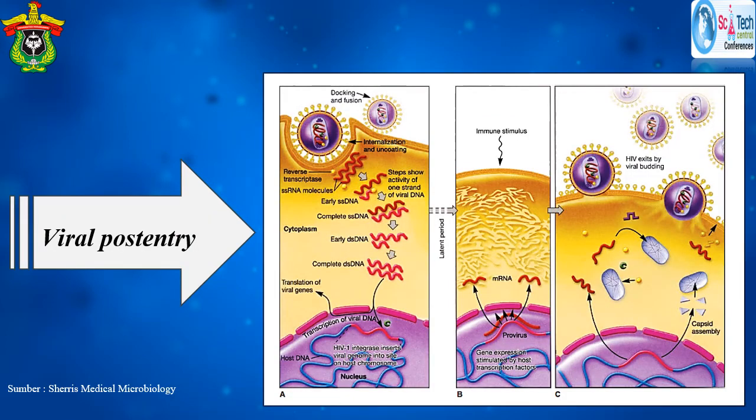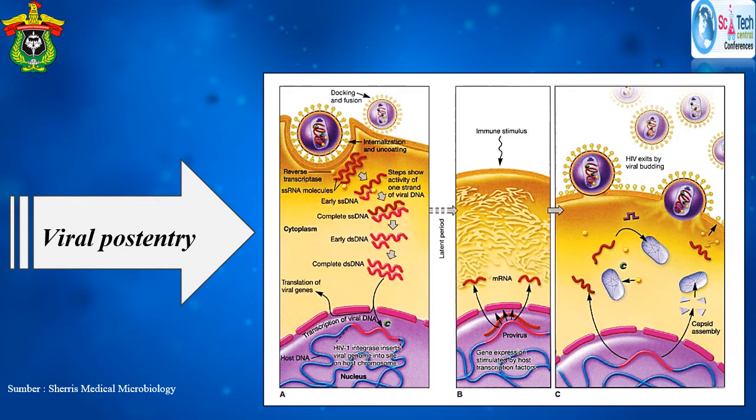This is the viral post-entry. The HIV virus enters the cell, then the enzymes in the nucleoprotein complex become active and start the virus reproduction cycle. Viral RNA is reverse transcribed into double-stranded DNA, or dsDNA, by viral reverse transcriptase enzyme, and then the viral DNA enters the nucleus.